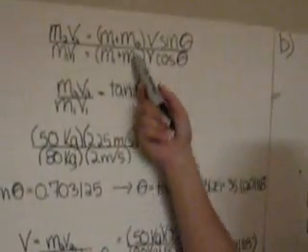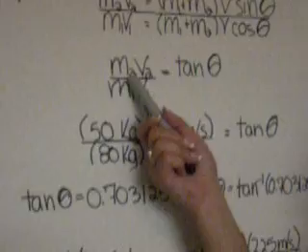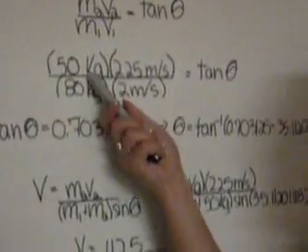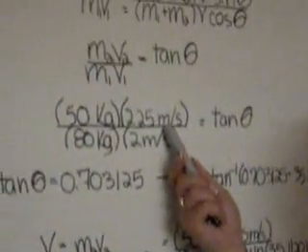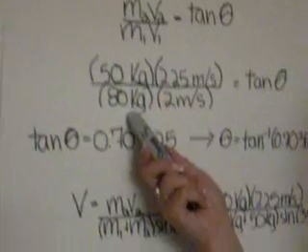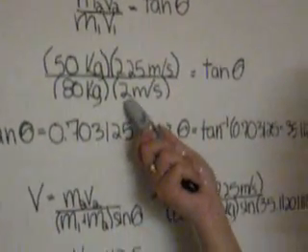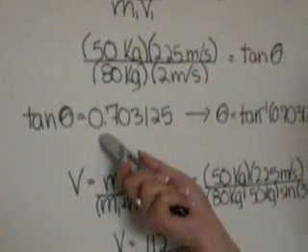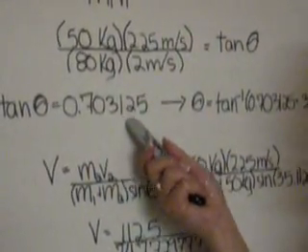So then, by doing this division, we can eliminate m1 plus m2, and then our new equation will be tangent of theta is equal to m2 times v2 divided by m1 times v1. So then we plug in the numbers of 50 kilograms times 2.25 meters per second divided by 80 kilograms times 2 meters per second, and then we get the tangent of theta is equal to 0.703125.